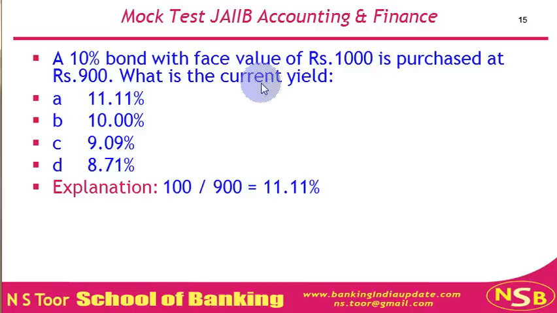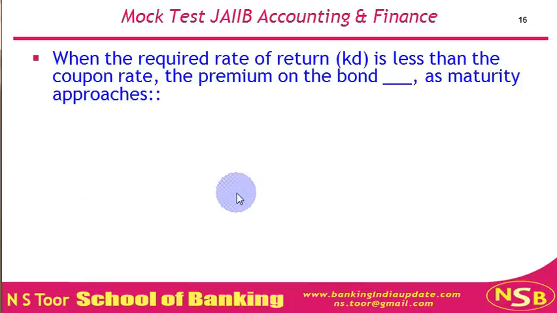So to calculate current yield, the formula is coupon amount divided by purchase price multiplied by 100. When the required rate of return, that is YTM, is less than the coupon rate, the premium on the bond as maturity approaches.